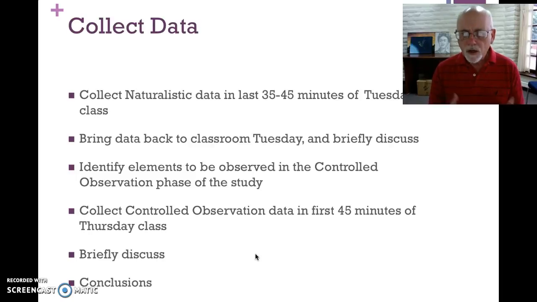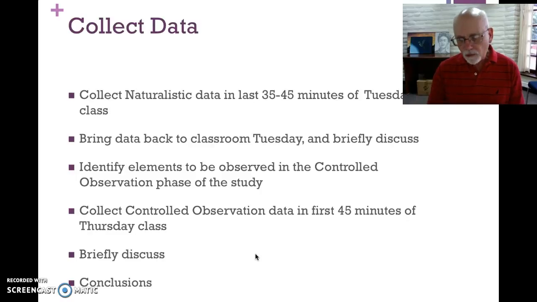And we're going to talk about what are some of the most important elements that seem to emerge out of those observations. Then from those most important elements, we're going to develop a controlled observation form, and that's going to be for our controlled observation phase of the study.